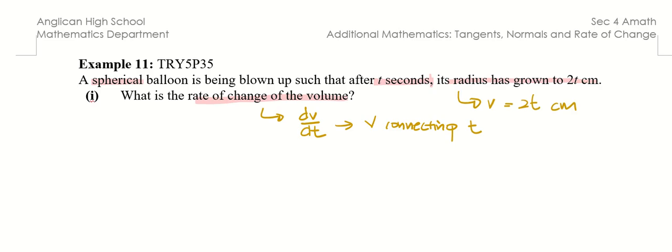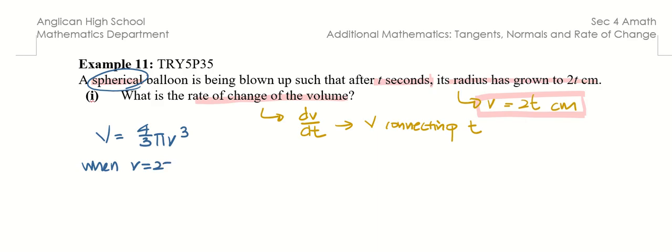In the very first place, it is spherical, so V is actually 4 over 3 pi r cubed. There is no connection between V and t; it is V connecting to r. But because there is a condition that r equals 2t, we can replace the r, so V equals 4 over 3 pi (2t) cubed.